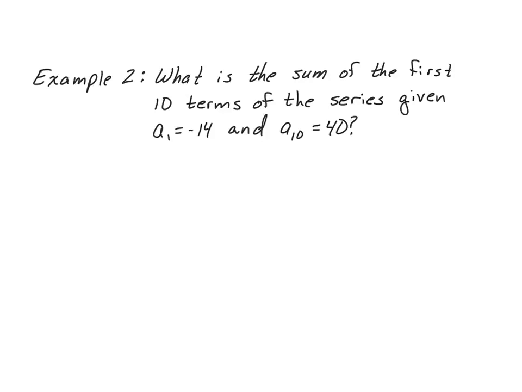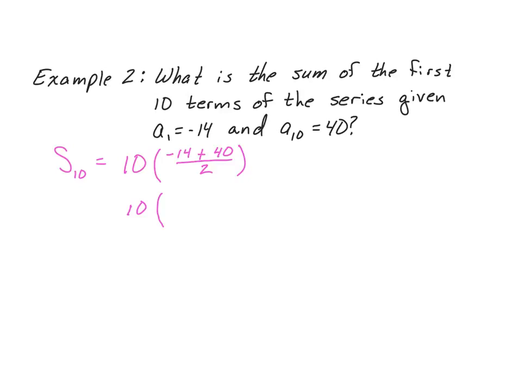All right, so if we use our formula, the sum of the 10 terms will be equal to n, which is the number of terms, 10 in this case, times the first term, which is negative 14, plus the last term, which is the 10th term in this problem, that's 40, and then dividing this value by 2. So this one is going to work out nice. We have all the numbers that we needed for it.